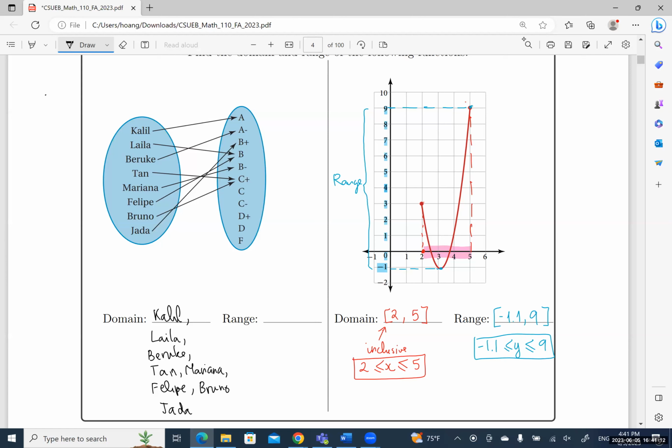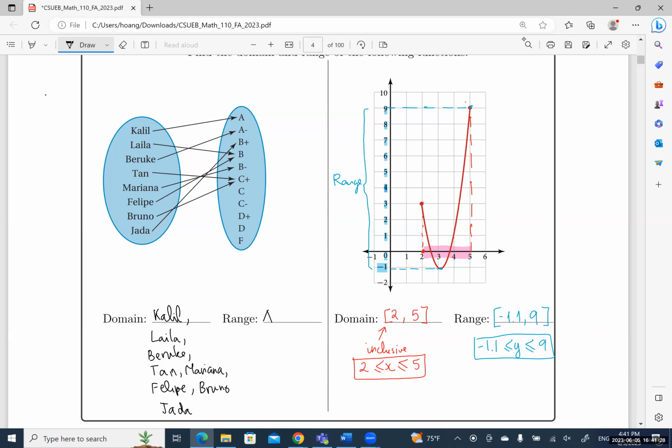And the range is the value that the input maps to. So we have an order, we have grade letters there, right?